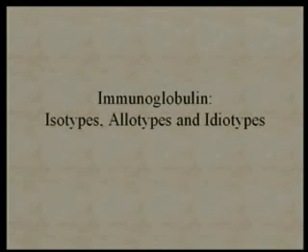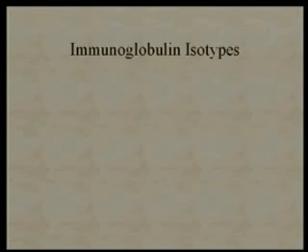These are called isotypic determinants, allotypic determinants, or idiotypic determinants. We're going to discuss each of those. So keep in mind we're dealing with the immunoglobulin as an antigen. And we'll start with the isotypes.